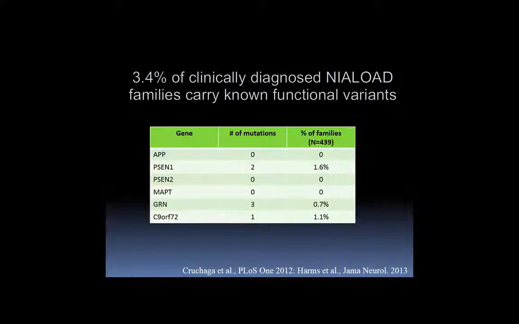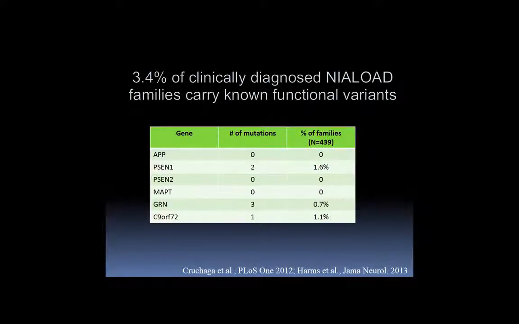So it's one of my pet peeves when people call these genes early onset genes. That's an ascertainment bias big time, right? If you sequence early onset families, you will find mutations that you can say are early onset genes, but it's because you sequenced early onset families.